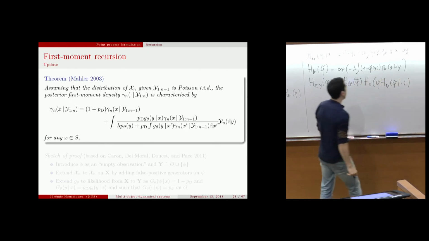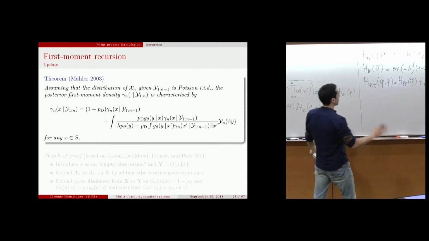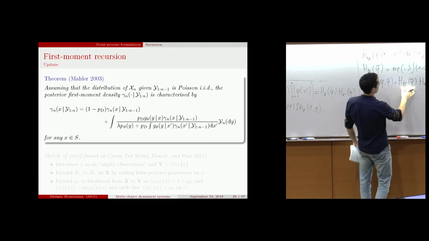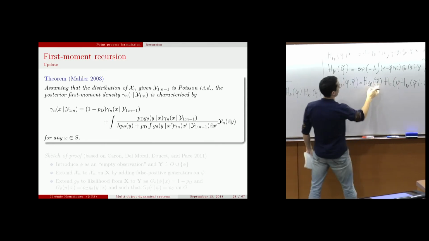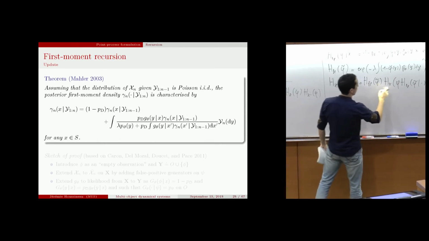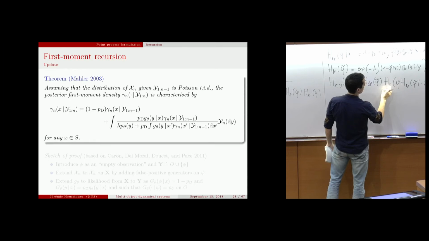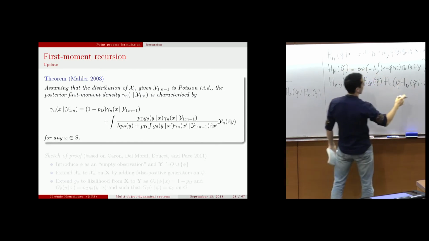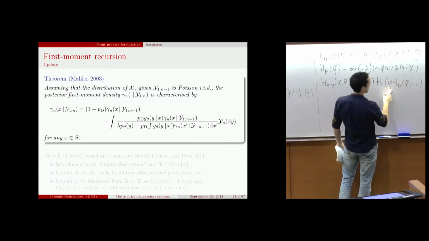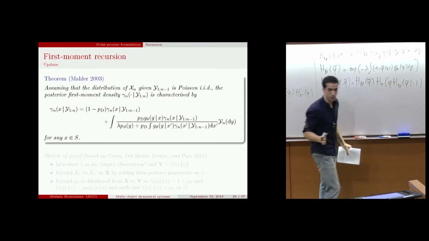So either, independently, you have the false positives generating some observations, or depending on the state, we also generate some observations according to the true positive process. And this is a function of the state, that's well defined.